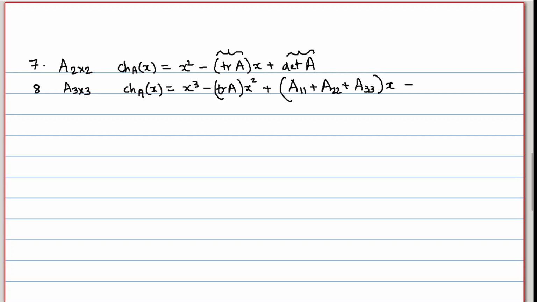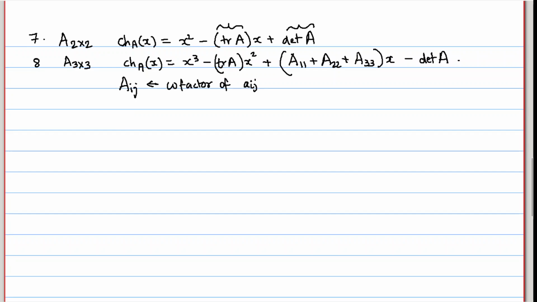And then in the end you have minus determinant of A. You might be wondering what is capital Aij. Capital Aij is the cofactor of little aij.